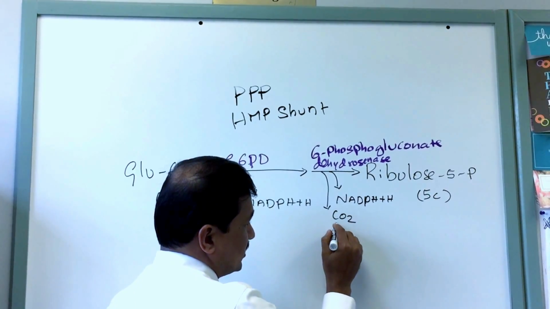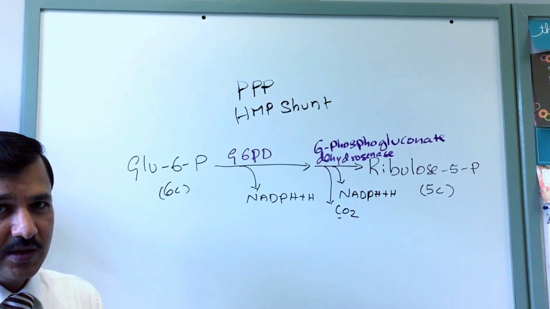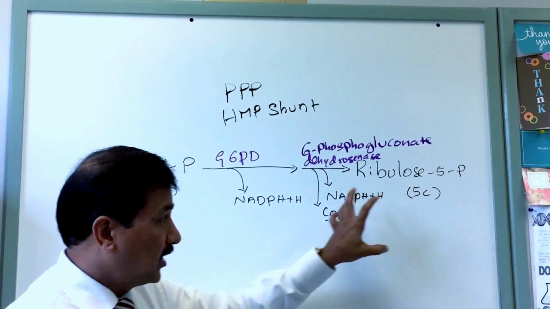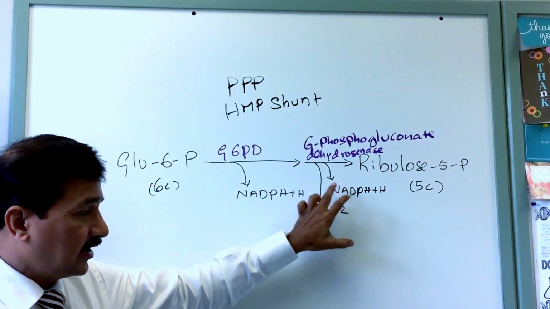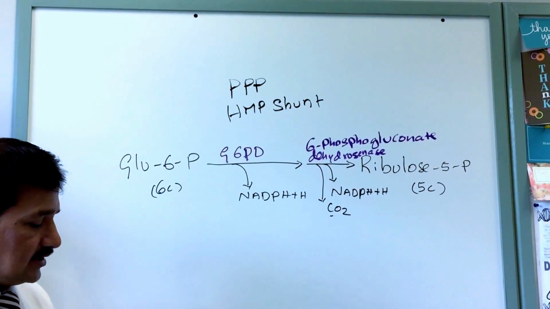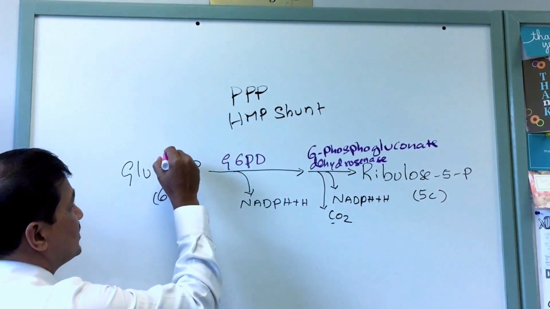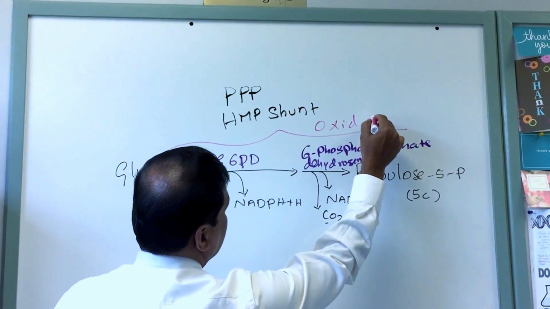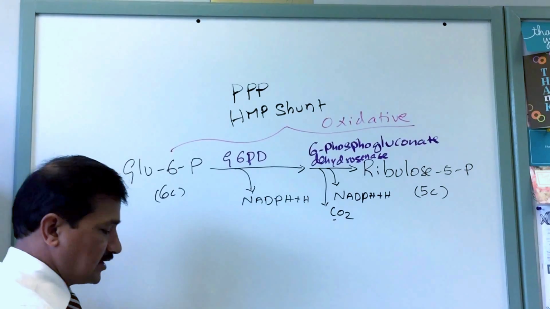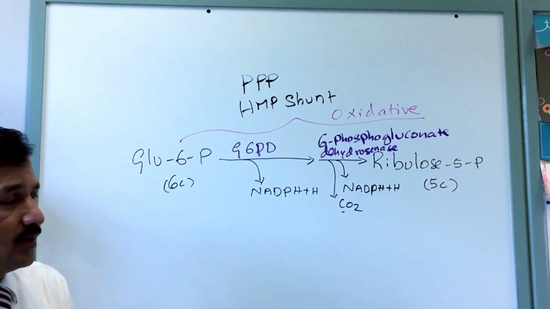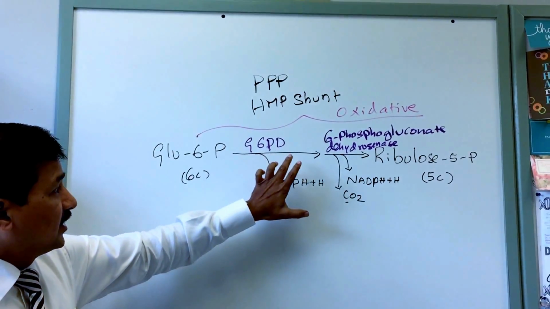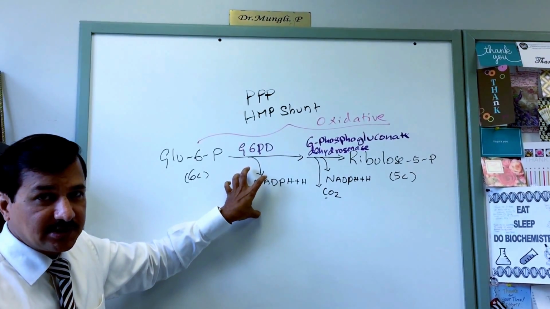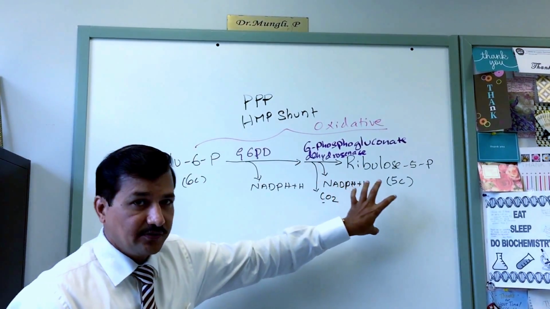So one of the carbons is released as carbon dioxide. During this process, when 6 carbon is converted to 5 carbon, there will be release of 2 molecules of NADPH plus H plus. And this entire thing we call the oxidative phase of the pentose phosphate pathway, because in the oxidative phase the reactions are irreversible, you are going to get NADPH plus H plus, and 6 carbon is converted to 5 carbon.